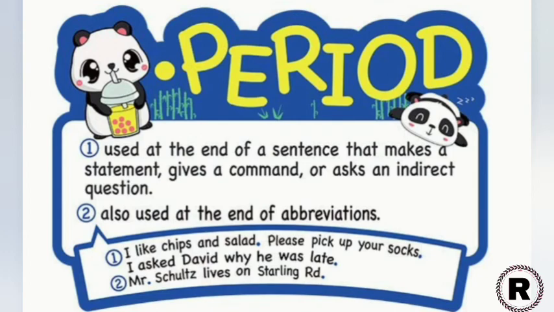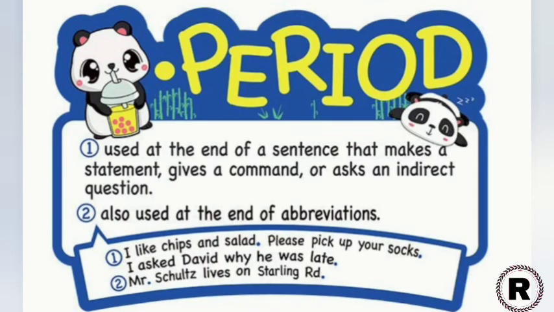So the period is used when we write a simple statement, when we give a command, when we make a request, when we ask an indirect question. At the end we put a period, a full stop. Like, I like chips and salad. Please pick up your socks. So in this way each and every sentence has a full stop at the end.